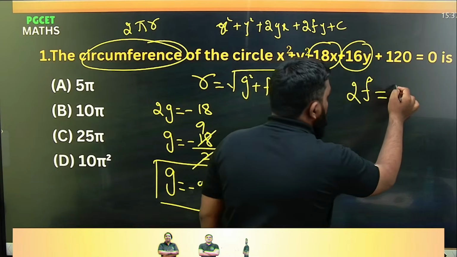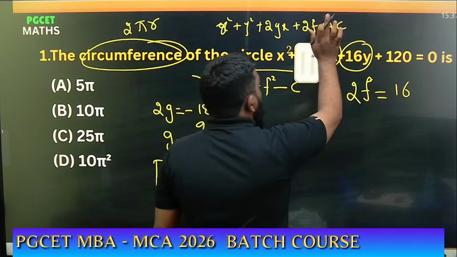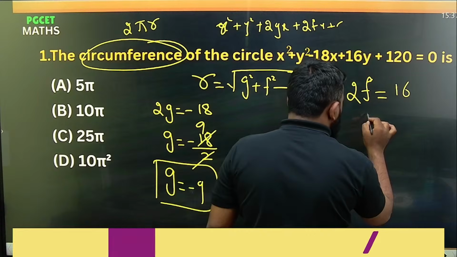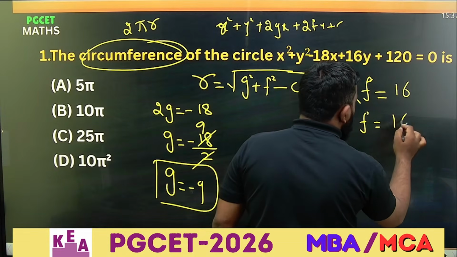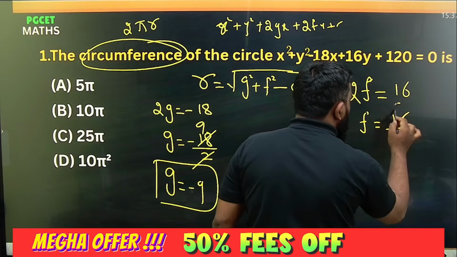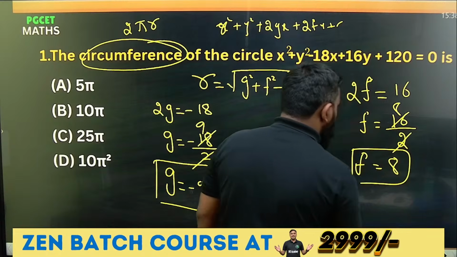The coefficient of y here is plus 16, and for x it is minus 18. So 2f equals 16, shift the 2 to this side, f equals 16 divided by 2, that is 8. Now f equals 8.